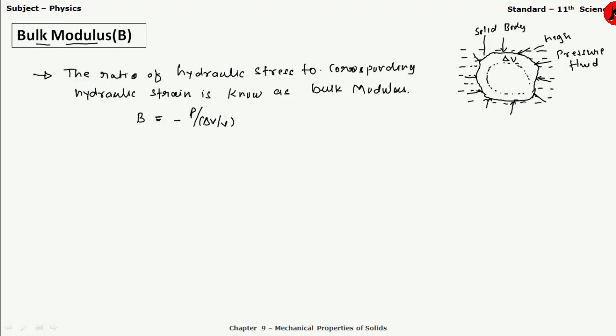That's why here we have considered the equation for bulk modulus B equal to minus P by delta V by V.